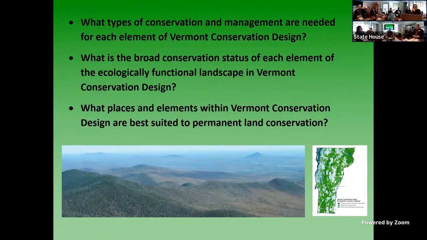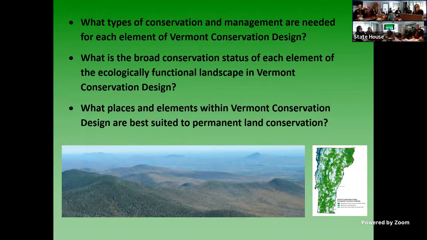So really finally here, I guess just some reflections on the way Vermont conservation design intersects with H126. And I really appreciate that you are looking to Vermont conservation design as the guide to where we should focus conservation in Vermont. I think these really are the places that get that bang for the buck in terms of thinking about conservation, all of the tools that we can apply. What we have not done is really answer these questions about Vermont conservation design.